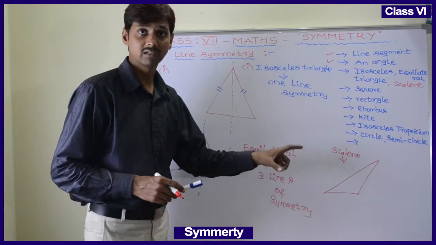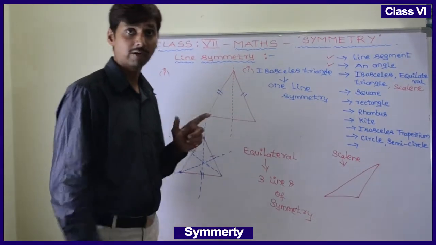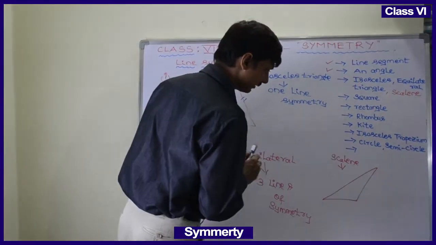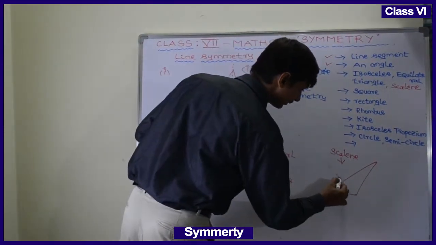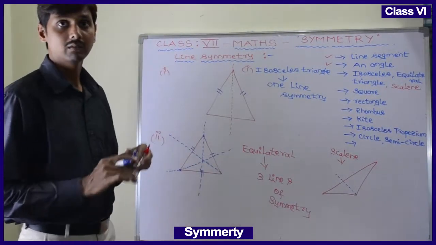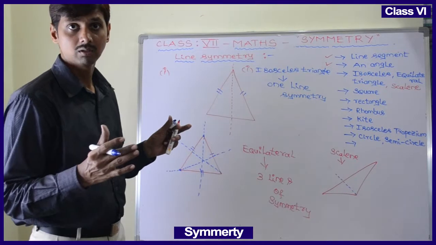So all three sides are different in this. Then we try to draw a line of symmetry for this. Along with one of the vertices we try to draw, but this line will not divide this triangle into two equal parts.